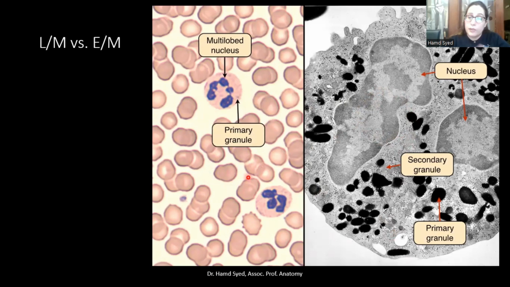So here on the left, if you follow the laser pointer, you can see this is the blood film, and you can see these red blood cells, and you can see the neutrophils, and you can see all of this through the light microscope, and different stains are used to give us a colored picture. On the right side, you see the electron microscope picture, which is known as electron micrograph.